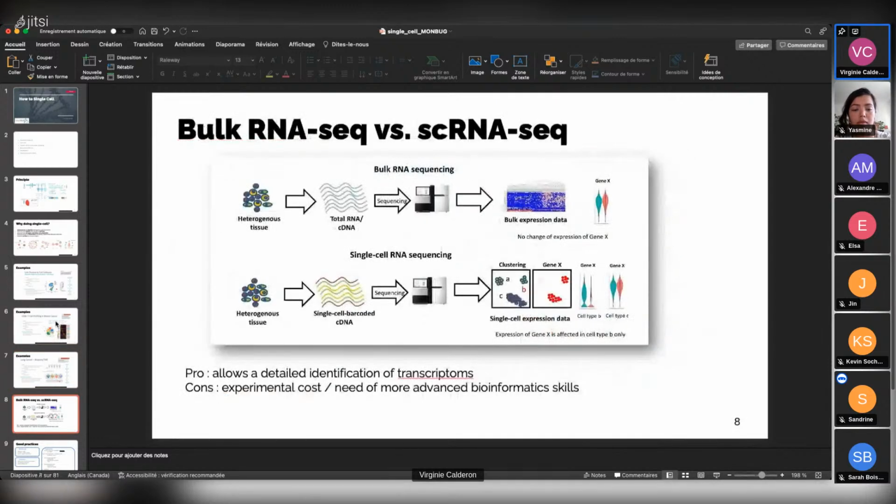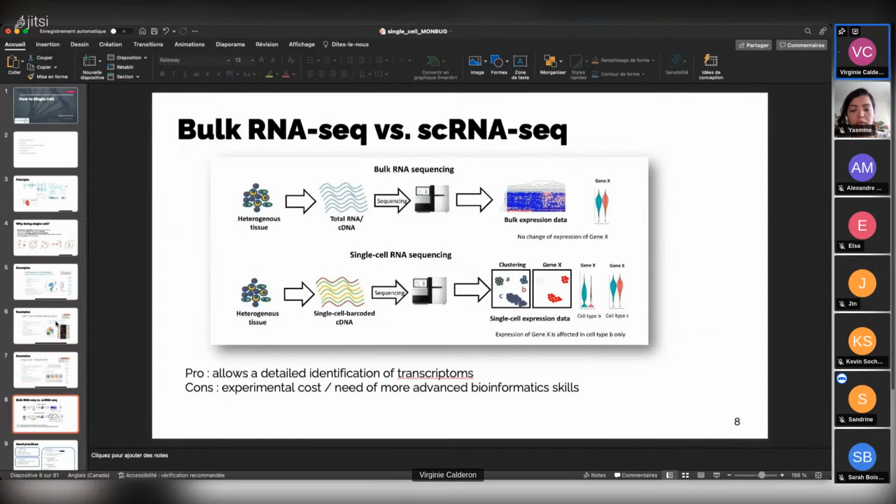So a lot of people are mostly doing single cell RNA-seq experiments. So the main advantage of this technology compared to the bulk is that you can identify finer transcriptome changes compared to a bulk signal.